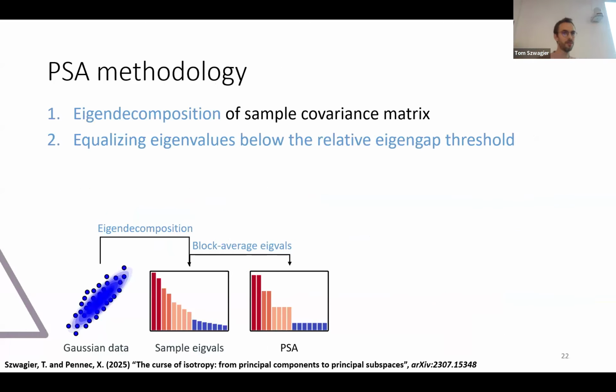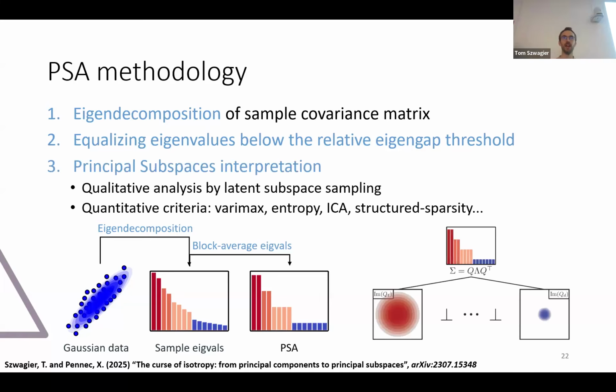Okay, so to summarize the methodology, we have some data, we do the eigendecomposition of the sample covariance matrix, then we equalize the eigenvalues whose relative distance is below a certain threshold. And then the issue is that now we no longer have principal components, but principal subspaces associated with these multiple eigenvalues. So you might wonder which interpretation we should give to such principal subspaces.